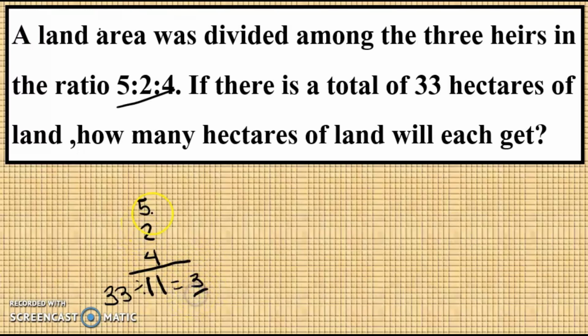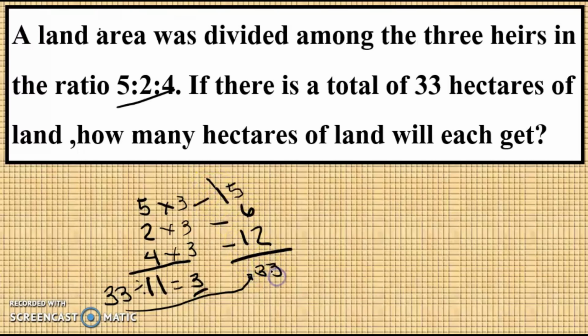And then, from 3, times natin by 3. So, you get 5 times 3 is 15. 2 times 3 is 6. And 4 times 3 is 12. Add natin. Kung tama, kailangan ang sagot dyan ay 33. No? Tignan natin. 15 plus 6 is 21. Plus 12 is 33.